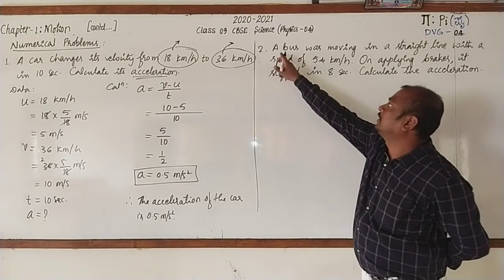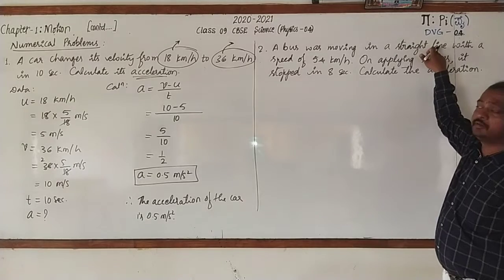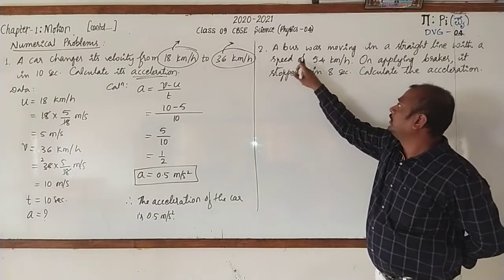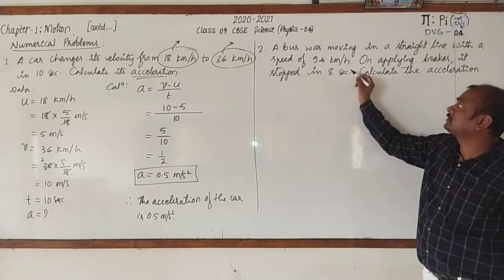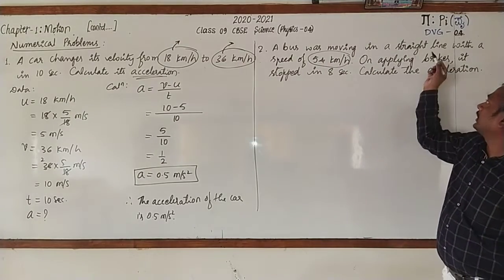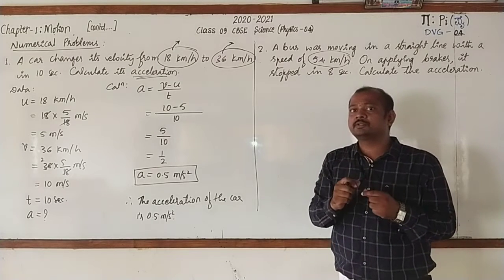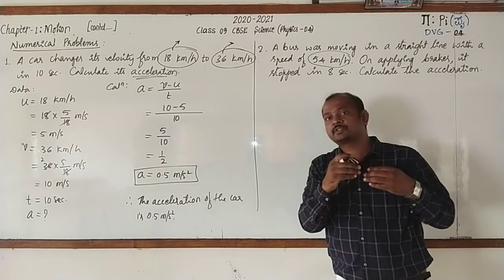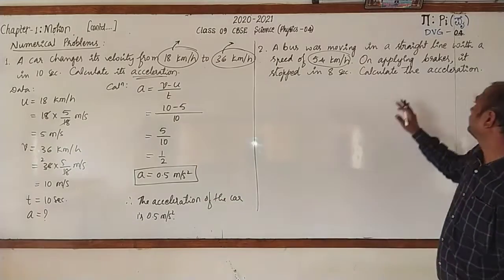Look here. A bus was moving in a straight line with a speed of 54 km per hour. It was moving with this much speed. On applying the brakes, obviously when the brakes are applied, what happens to the speed? Obviously the speed decreases. It will go on changing, decreasing.